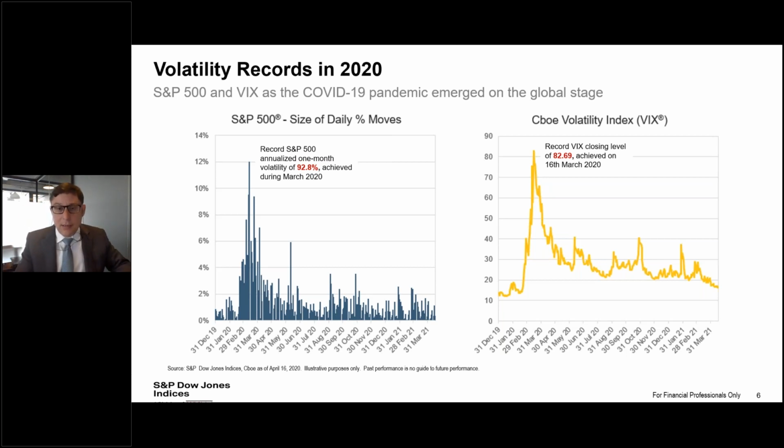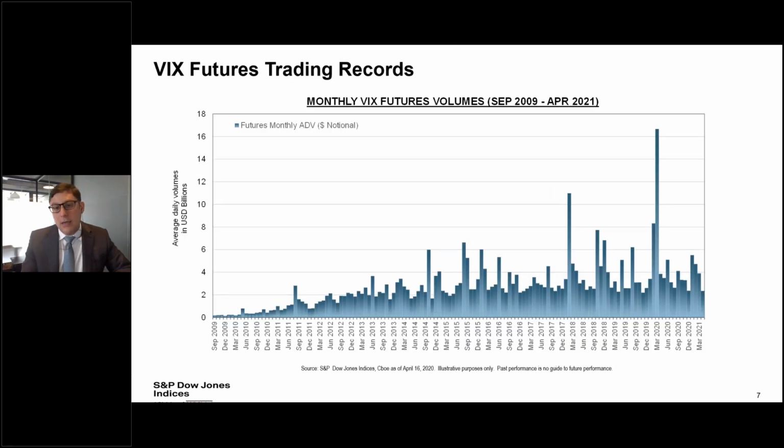So as I was saying, that higher level of uncertainty meant the VIX remained elevated even while the equity markets recovered. And this volatility, as something that is actually tradable, was incredibly useful to investors last year. You can see this in particular in volumes in VIX futures. This is over a decade of trading statistics for VIX futures, running back to September 2009.